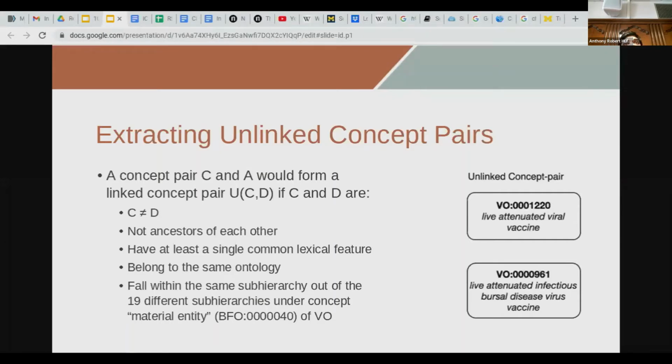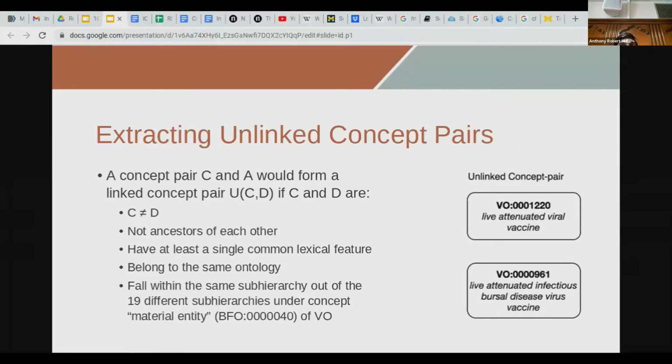Like I mentioned earlier, the vaccine ontology uses multiple ontologies like TEBI and IDO. So we don't want to imply that there are certain missing relationships between these ontologies. And there was an additional requirement, which was that there are 19 sub-hierarchies under the BFO concept material entity, which encompasses most of the vaccine ontology, around 82%.